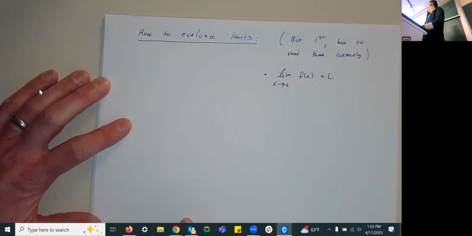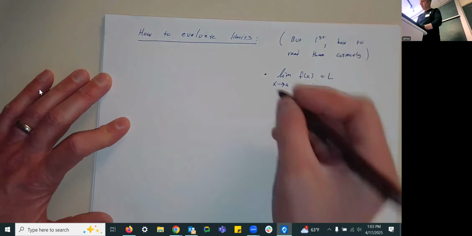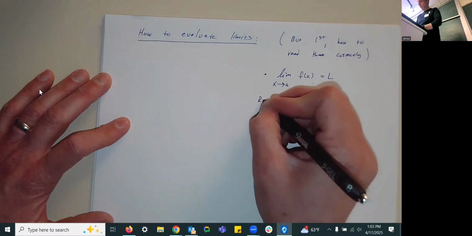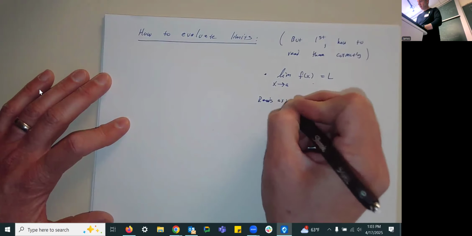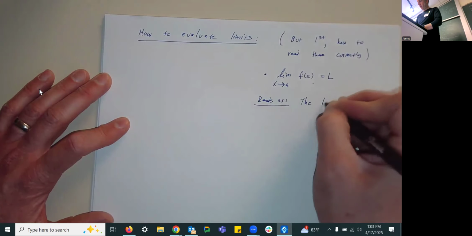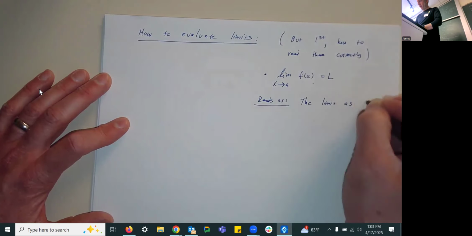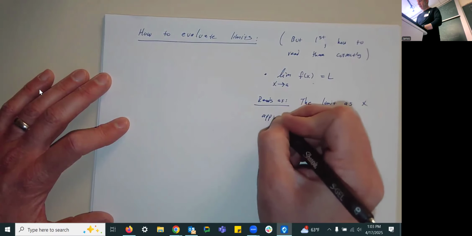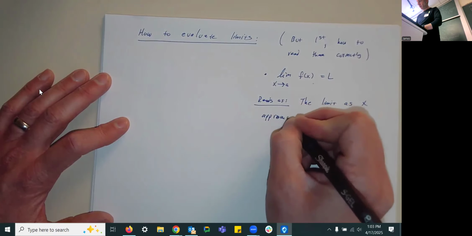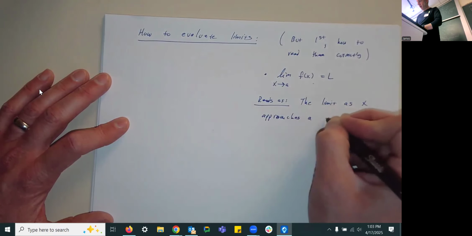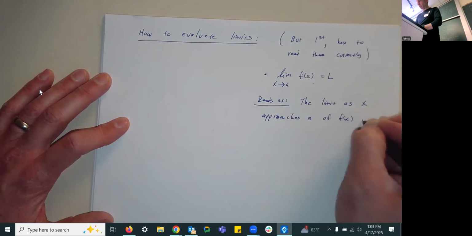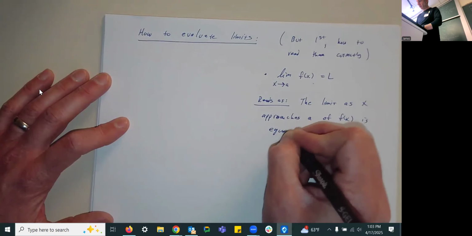Thing 1, the way you read that is, I'm going to write the words. This reads as the limit as x approaches a of f of x is equal to L.